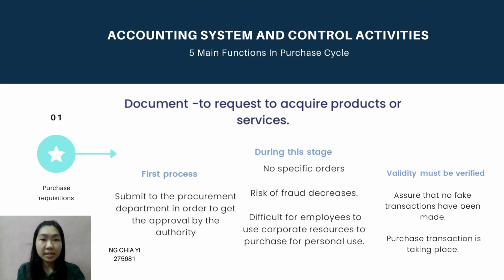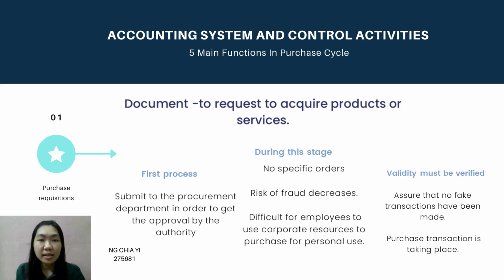Now we look at the purchase requisition. The purchase requisition form is a document which is used by the employee in the entity to acquire the product or services on behalf of their organization. It is required to be submitted to the purchase department in order to get the approval, and this is the first process toward providing an effective purchasing audit trail.